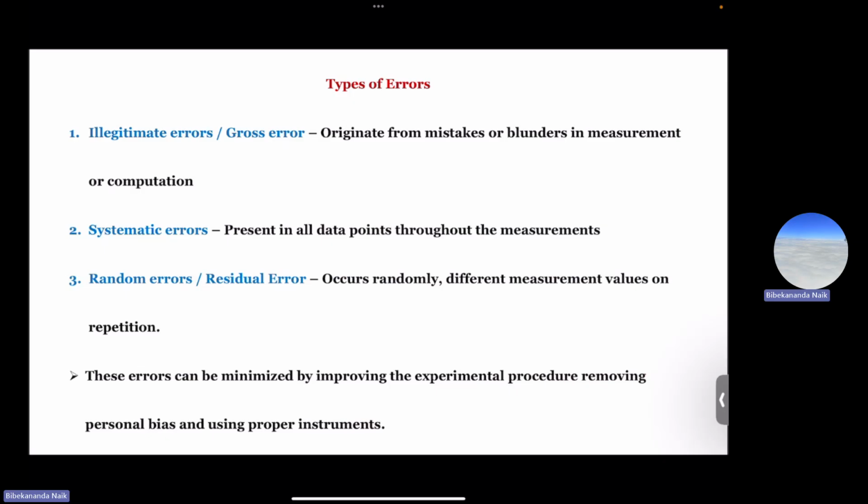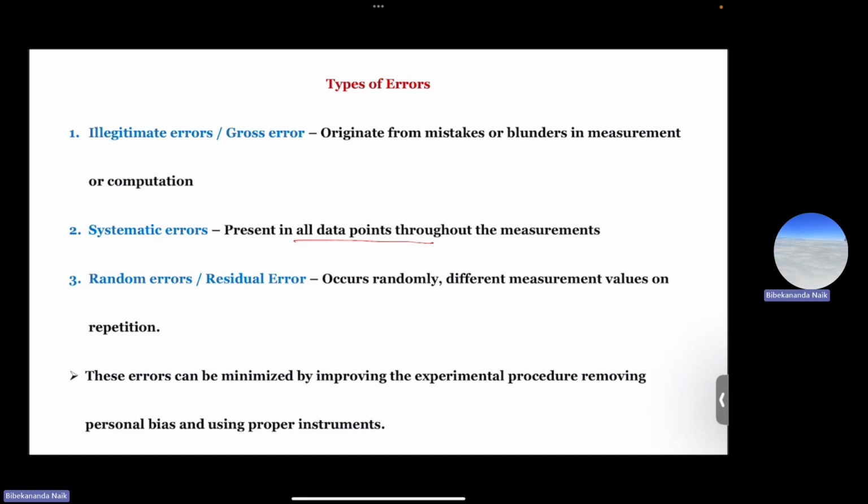On one side we keep some weight, and then we measure the equivalent weight. But if the two sides are not equal, and there is some difference between the two sides of that bar, then that value will always be present in all data points. So this is called systematic error.